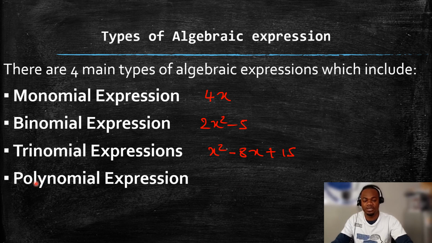Poly means many. Note that both binomial and trinomial are also polynomial, but specifically we call these binomial and trinomial. A polynomial can have as many terms as possible, like x to the power 3 minus 4xy plus 2x minus 7 plus, let's say, y, z, etc. The prefix poly means many.